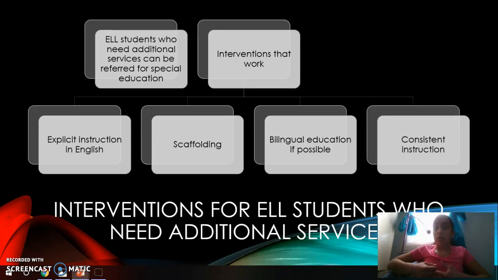And I think the most important consideration or intervention for students is consistent instruction, because one of the videos that we watched, and even the text, also mentioned that students are often switched back and forth from English only instruction to instruction in their native languages to a combination of both.